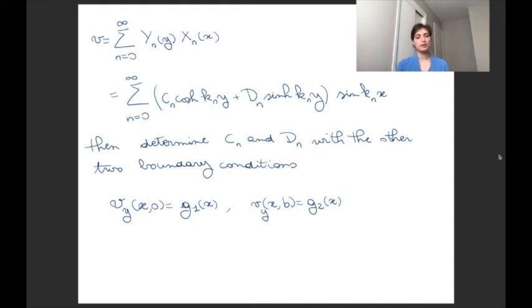So what we do is we just compute v_y and impose these conditions at specific values of y. This means that our block C_n hyperbolic cosine k_n y plus D_n hyperbolic sine k_n y gets fixed to a certain value that depends on C_n and D_n. Then we can compute C_n and D_n with respect to that.